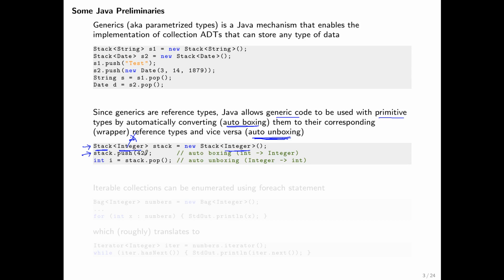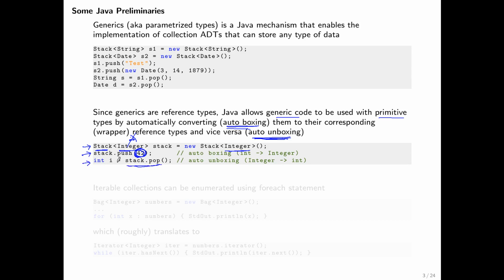Now notice that this is a primitive int 42, but Java supports what is called autoboxing, which implicitly converts this primitive int into an integer object. Okay, so you don't have to do that explicitly. Java will do it for you. That's autoboxing. And then later on, if we go about popping an item from that stack, what comes out is an integer object.